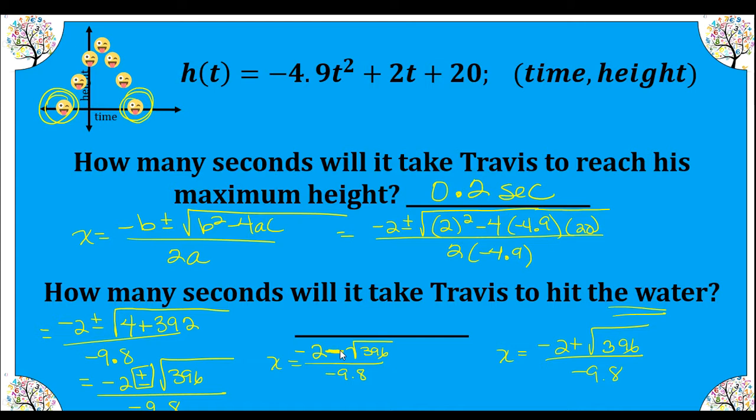So negative 2 minus the square root of 396 divided by negative 9.8. That gives me about 2.2, and that is seconds. So 2.2 seconds is when Travis hits the water.